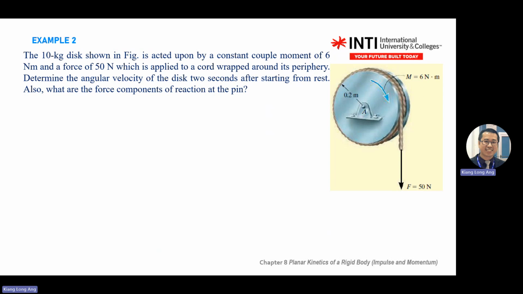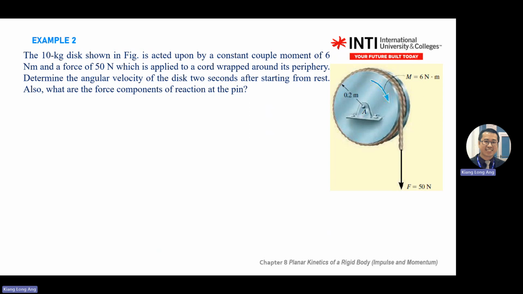Okay, so just be careful to look at the unit. Here is Newton. Sometimes the question gives you kilo, mega, sometimes giga-Newton. Okay, so get yourself familiar with what is mega, what is giga, what is kilo, or sometimes micro Newton, right? It's applied to the cord around.